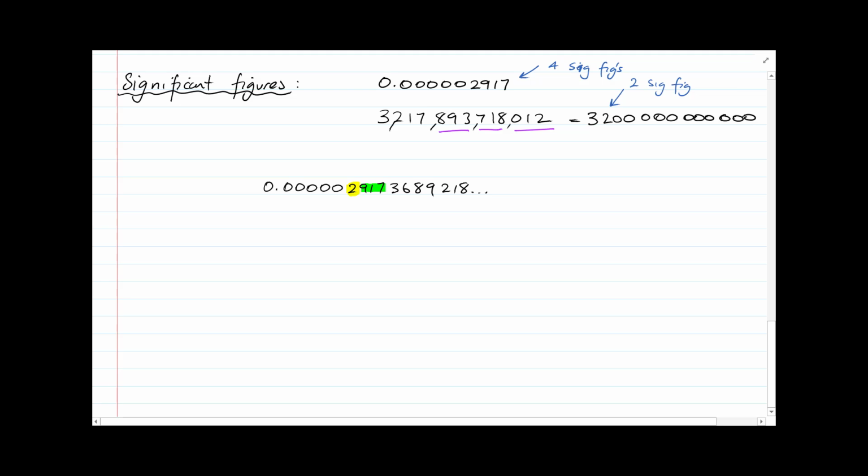This will create 4 significant figures. We get the 5th figure, which in this case is the figure 3, and we use that to determine whether we're rounding up or rounding down. So 4 or below will round down, 5 or above will round up. And then we just create a string of zeros after as appropriate. Because this is below the decimal point, we don't need any additional zeros. 2917 is appropriate. If it was above the decimal point, we would need additional zeros.